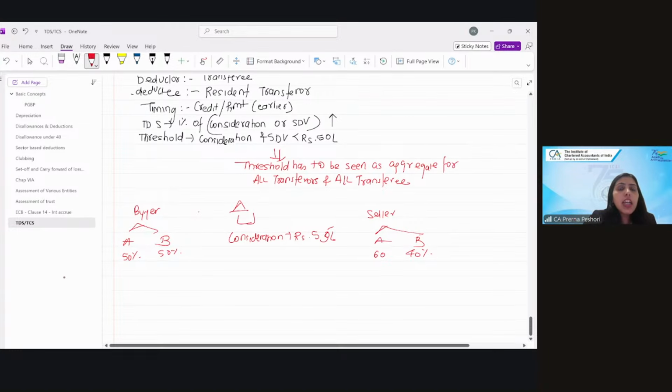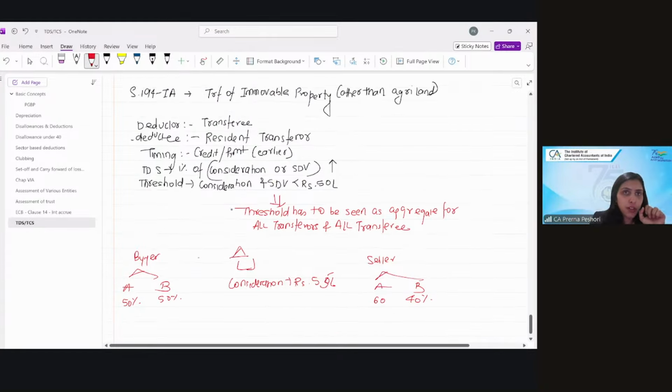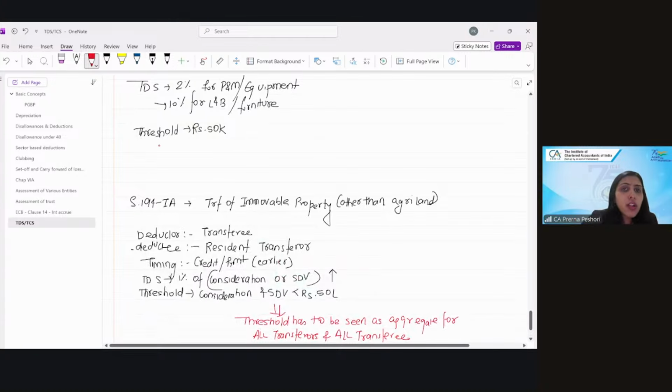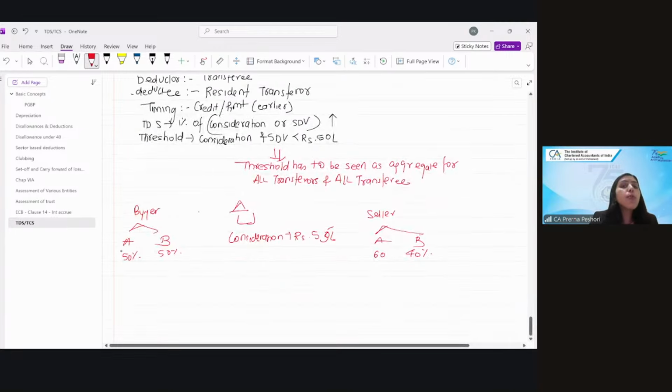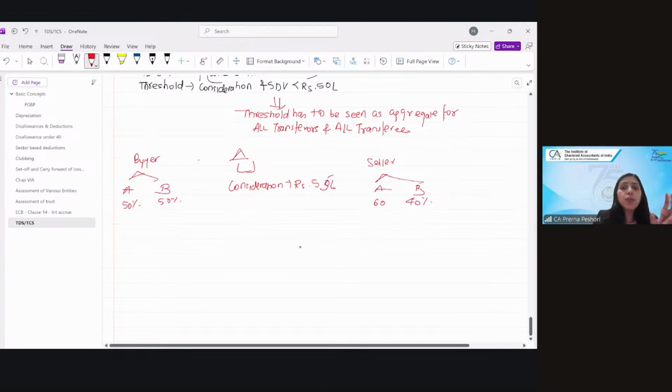Now, technically, for 194I, what did I tell you? For the co-owners, you have to apply the limit for each of the co-owners. Isn't it? So this threshold, as per the judgment, you have to see for each co-owner. But for 194IA, they have said you have to see for both the co-owners. So if the 55 lakh is divided between the two, what is half of 55 lakh? 27.5.